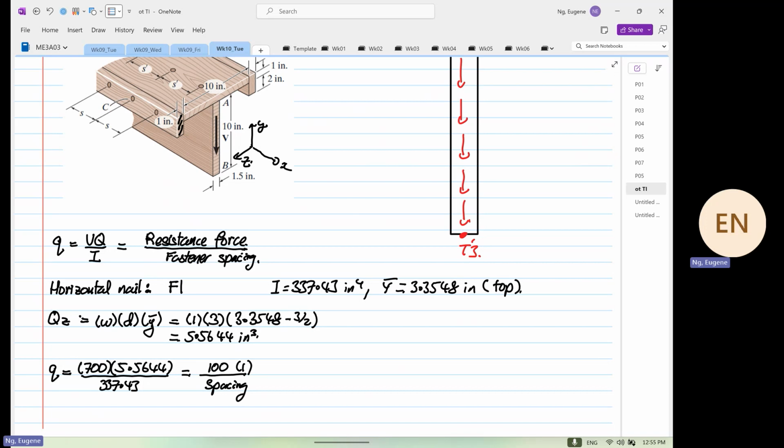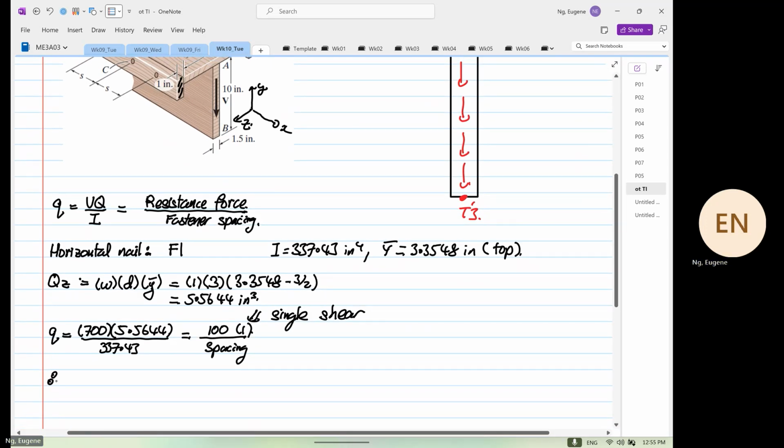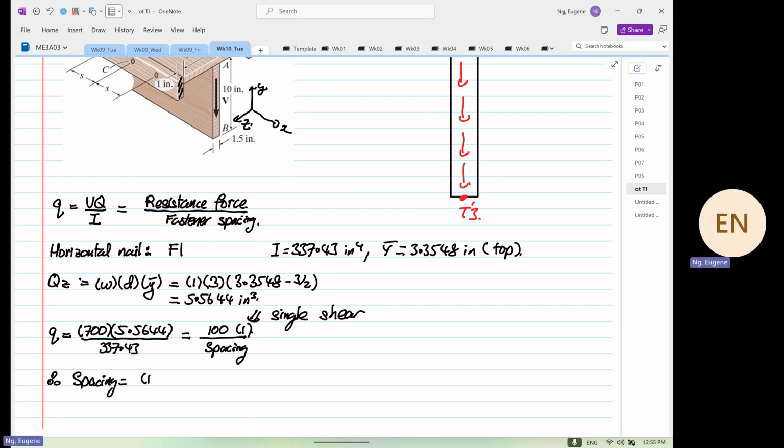And this is multiplied by 1 because this is a single shear configuration. So the spacing is 100 times 1 times 337.43 divided by 700 divided by 5.5644, which is equal to 8.66 inches.